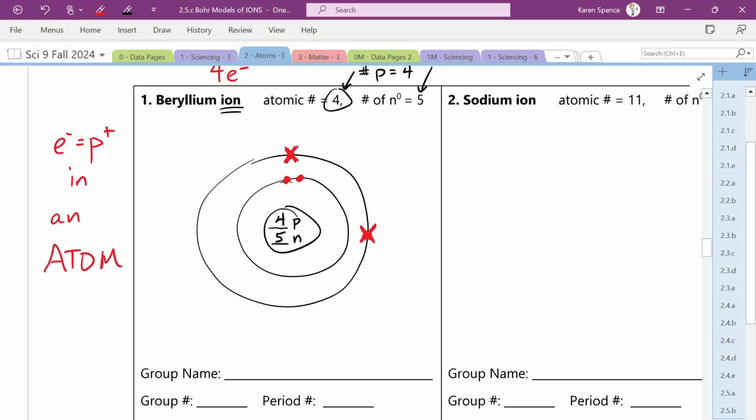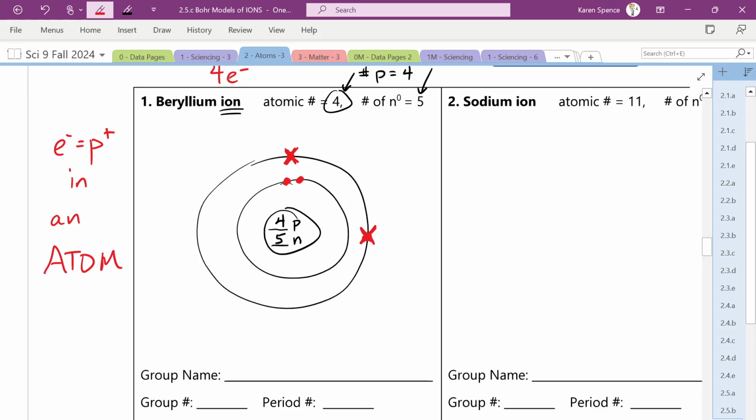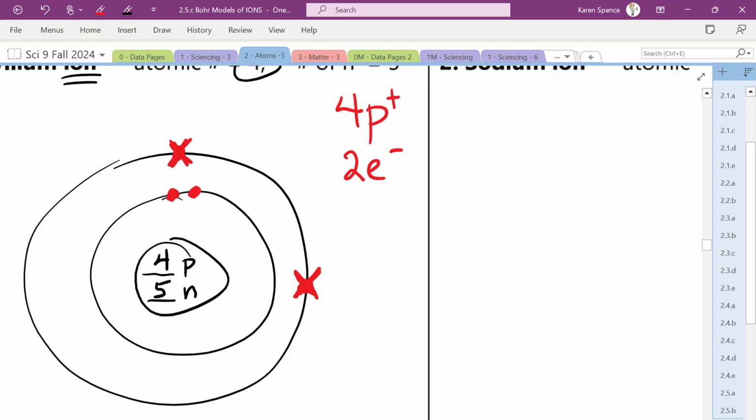And what that means is that we have 4 protons and we have 2 electrons. Do we have more positives or more negatives? More positives. And so what will the charge be? Positive, and we have 2 more, so it'll be positive 2.